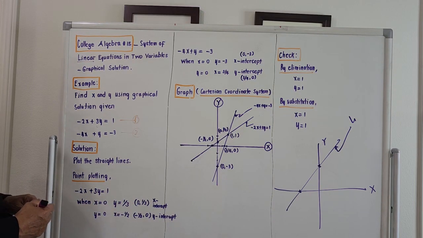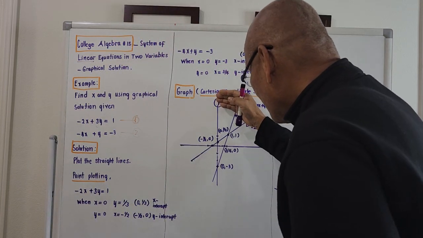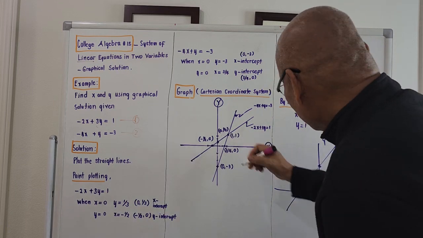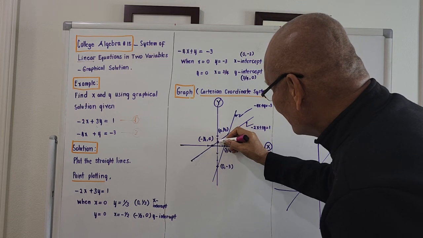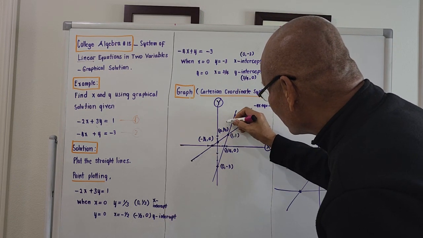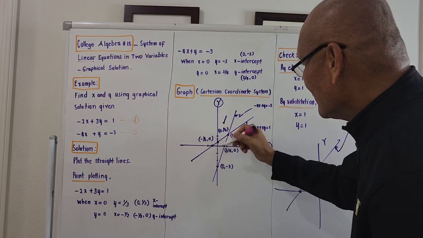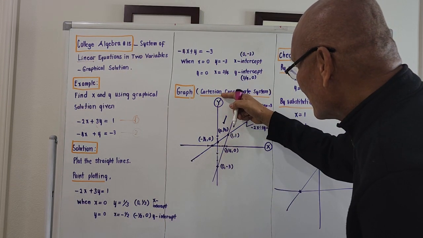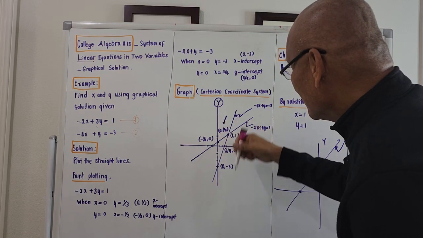So for the first equation, the y-intercept is at the location (0, 1/3).